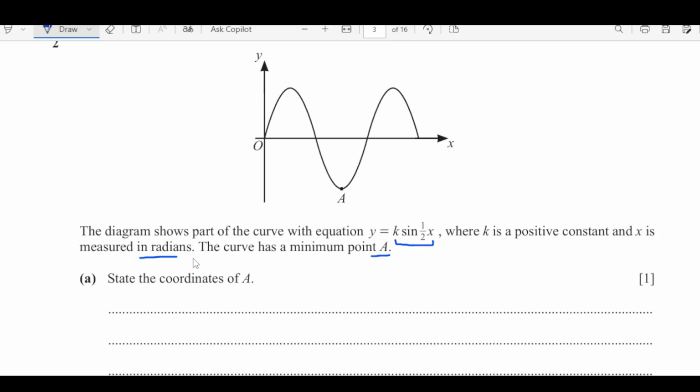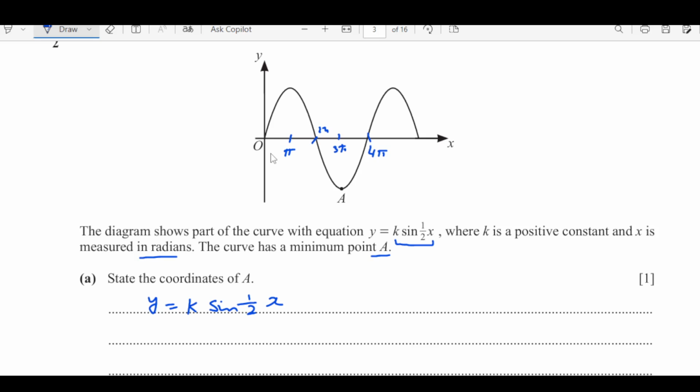So the equation that we have here is y equals k sine of half x. Now you can see from the graph, this is 0 and this one here is pi, and this is 2 pi, this is 3 pi, and this is 4 pi.